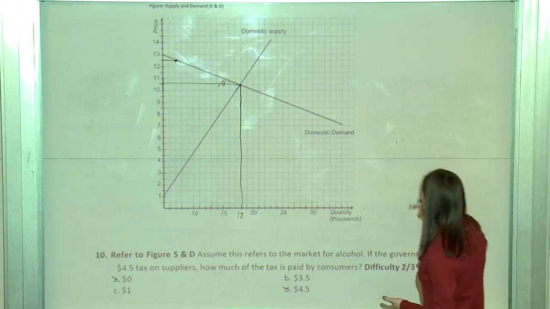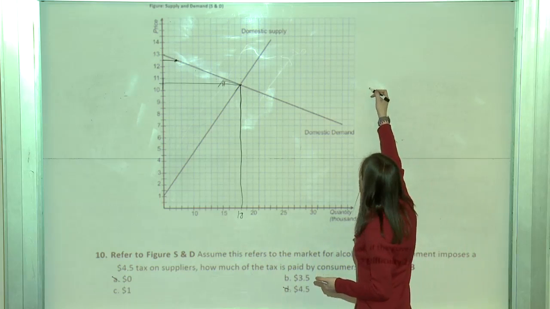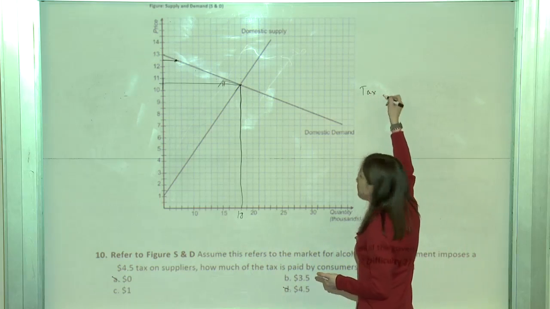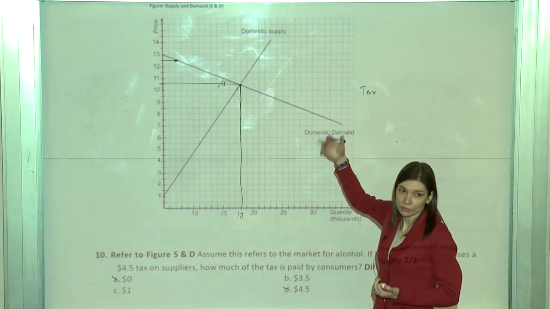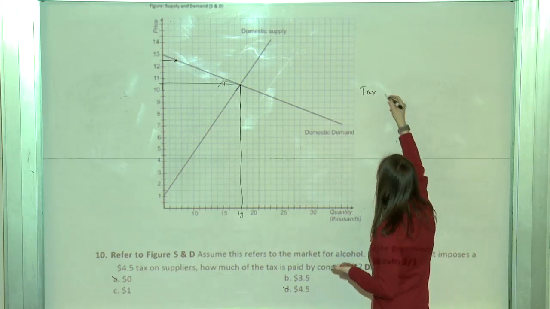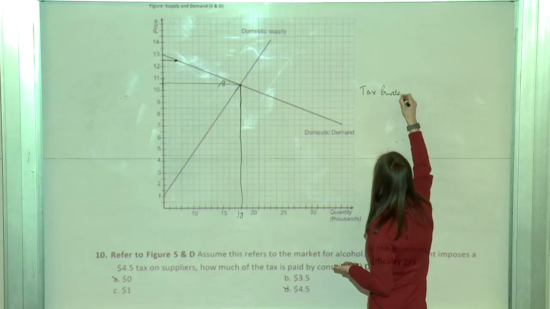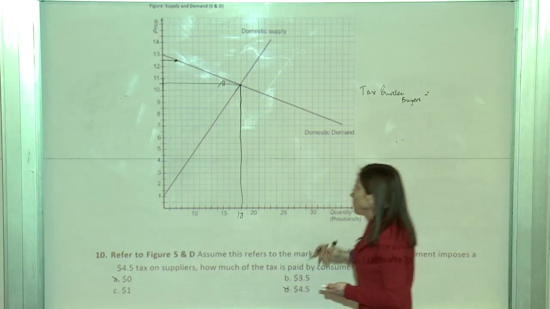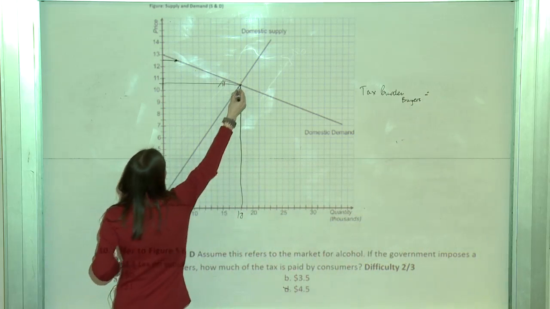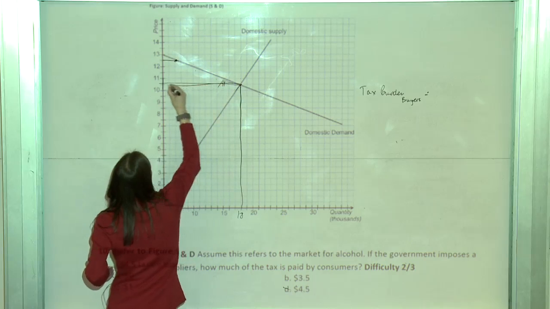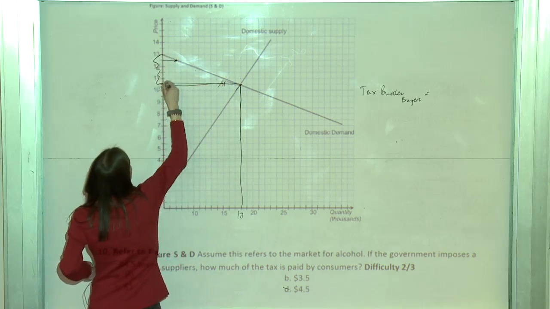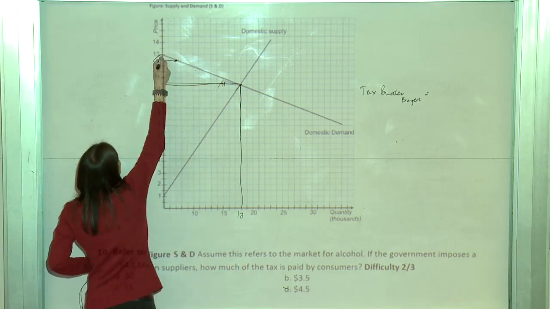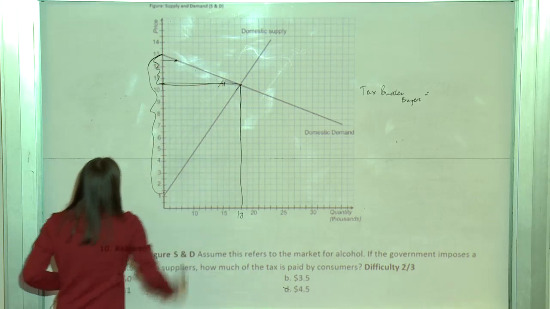Again, if you want to use a formula, the tax incidence on buyers, or the tax burden on buyers, is always going to be the ratio of this side, or this distance, to the whole.